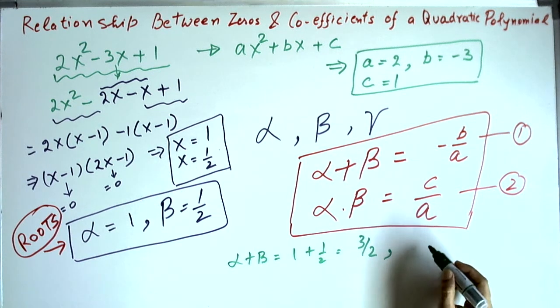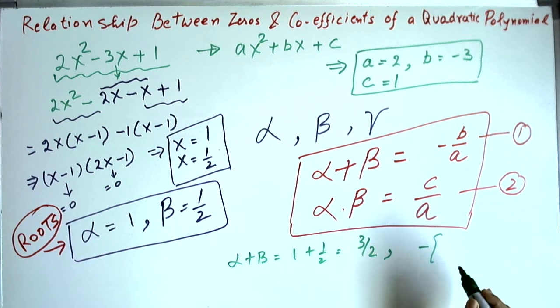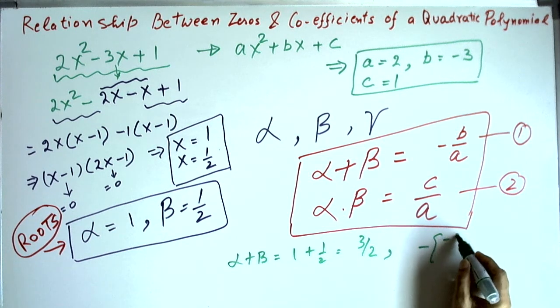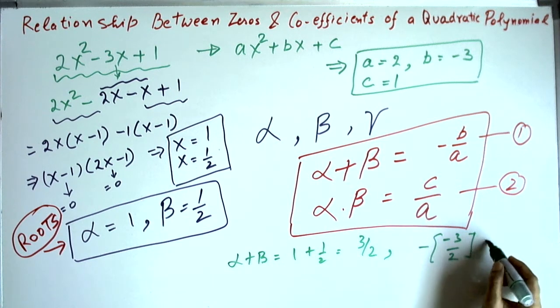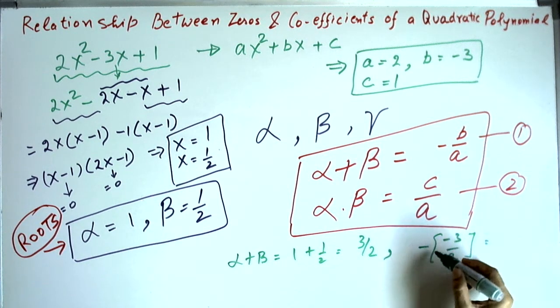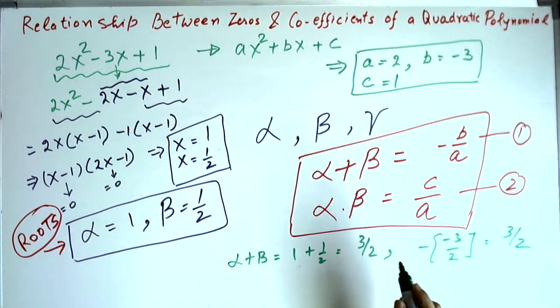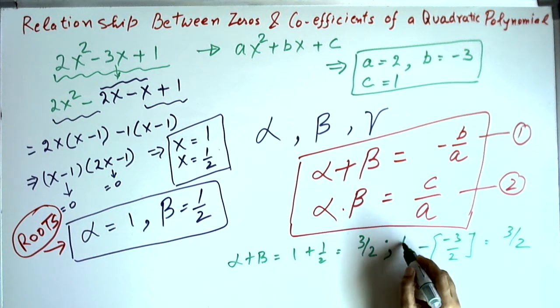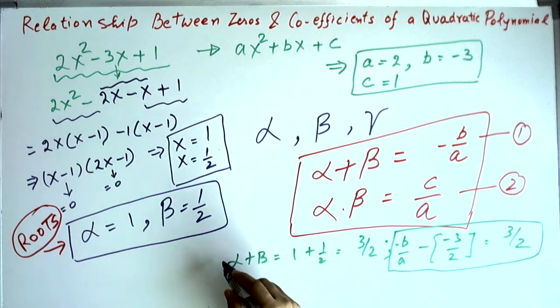And -b by a: b is -3 and a is 2, so this is equal to, minus minus becomes plus, 3 by 2. So this is one way we calculated, and this was the other way we calculated.